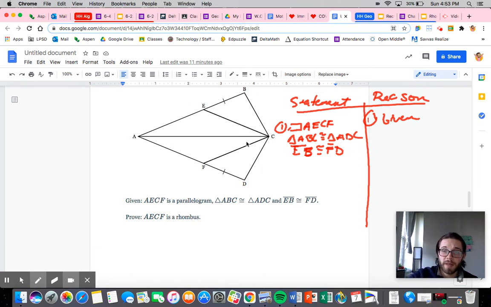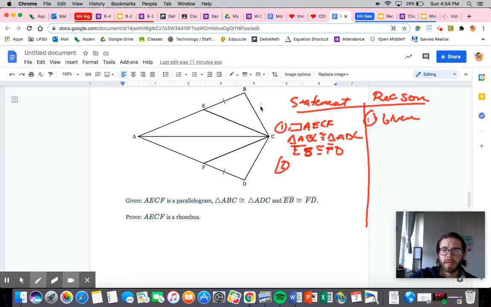I know this is congruent to this. I also know that the two big triangles here are congruent. So I'm going to use some CPCTC. What do I know from CPCTC?